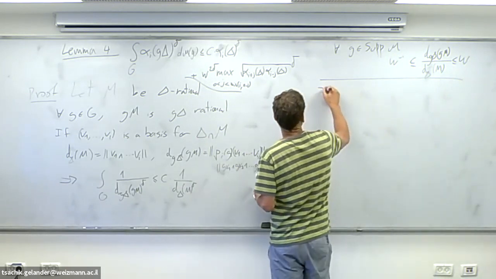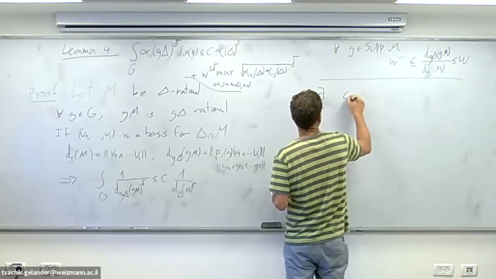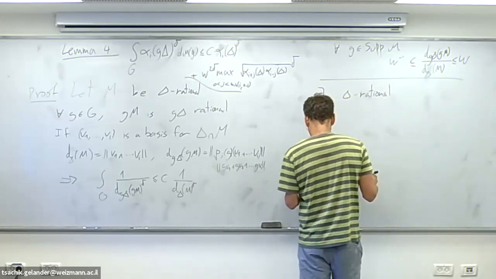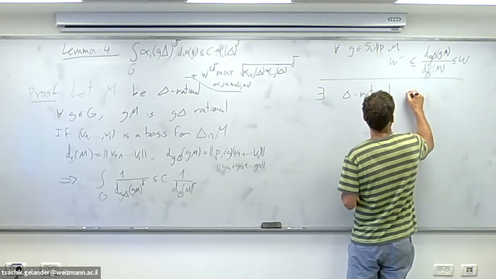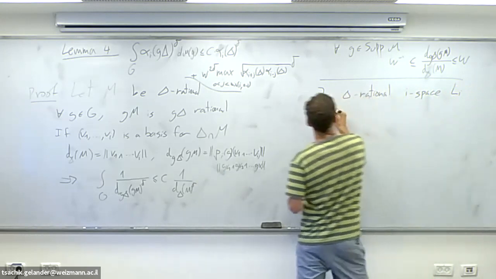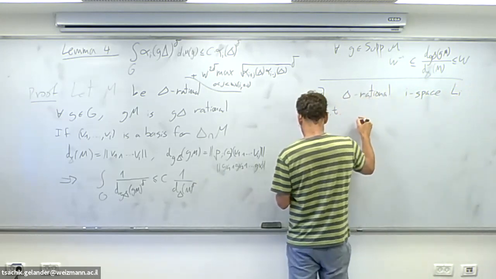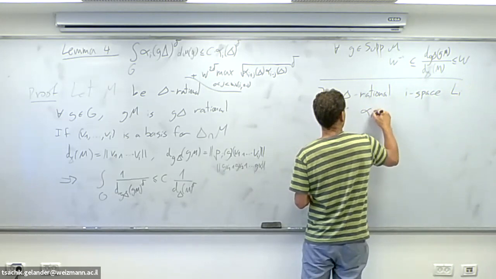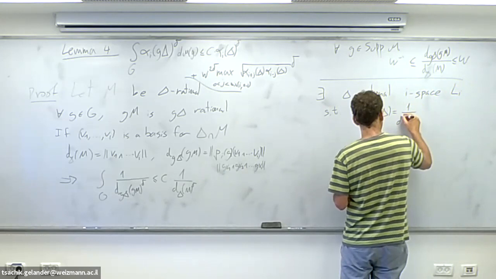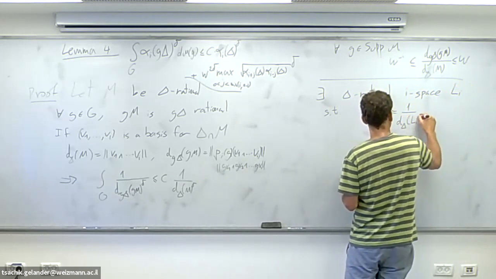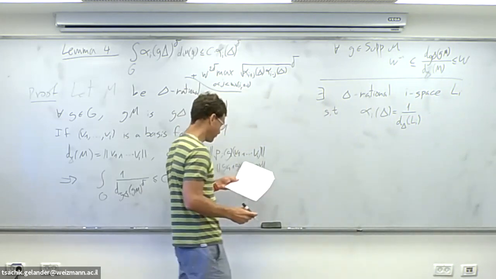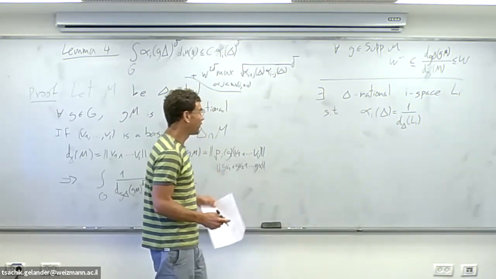Now there is some delta rational i-space, let's call it Li, such that alpha i of delta is exactly 1 over d delta of Li. So fix this Li and define a set.